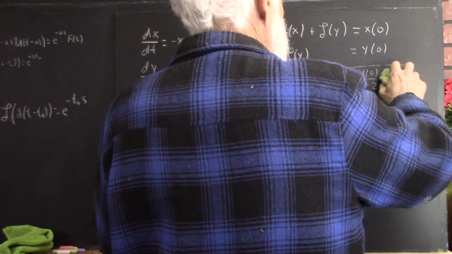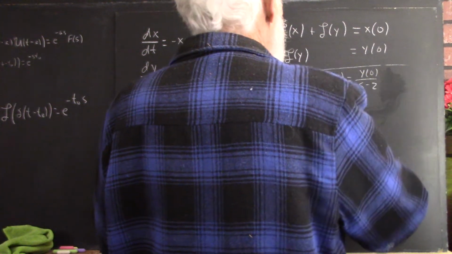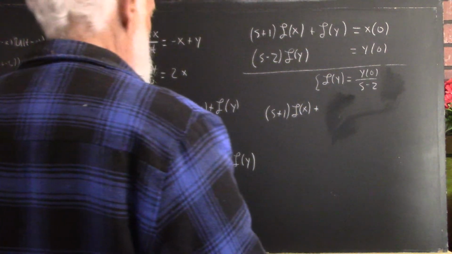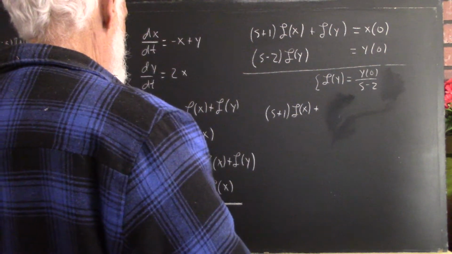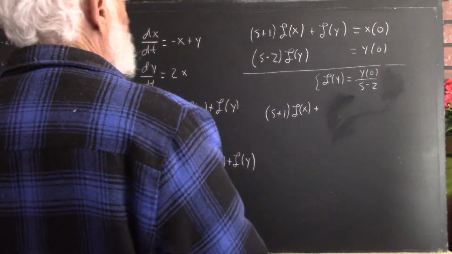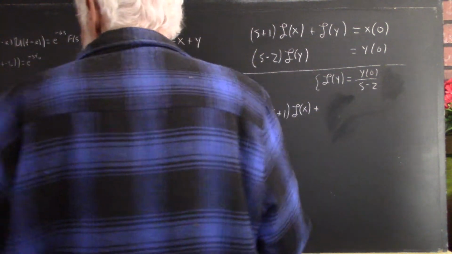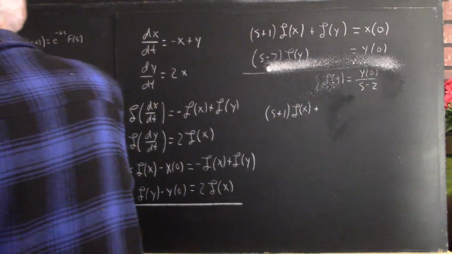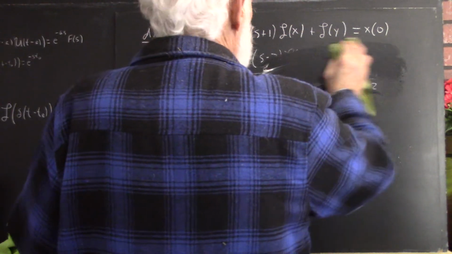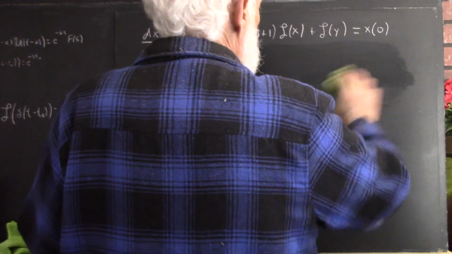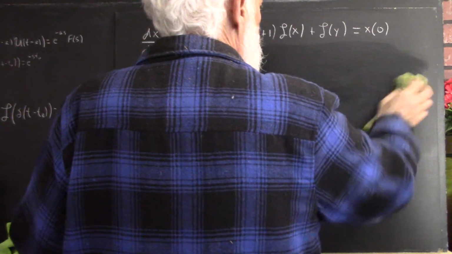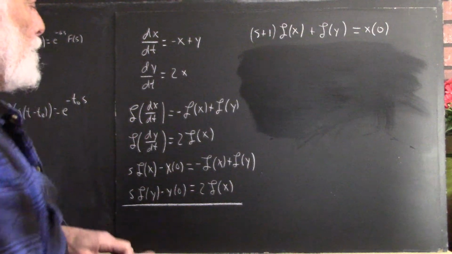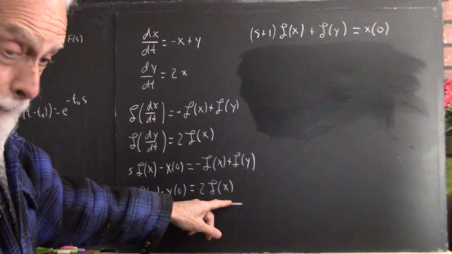I left something out. Okay, let's fix it. This is wrong. And everything that follows here comes from that, so it's wrong. I did this as if this was an L of y.